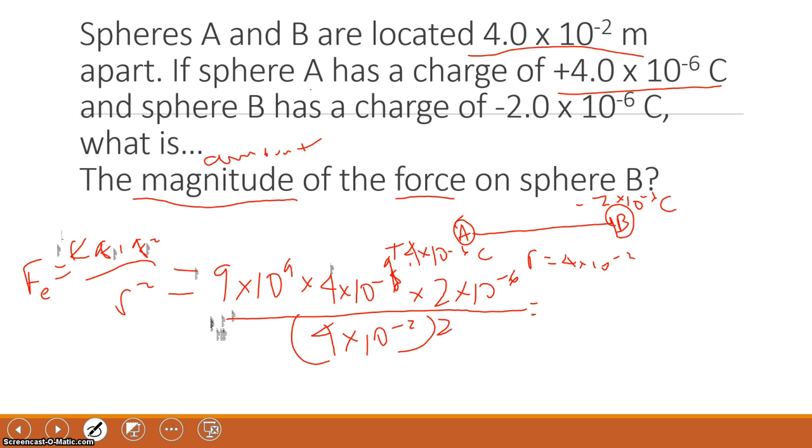So again, just like I recommended to y'all yesterday, my recommendation is for you to multiply everything across the top and then everything across the bottom and then divide after.